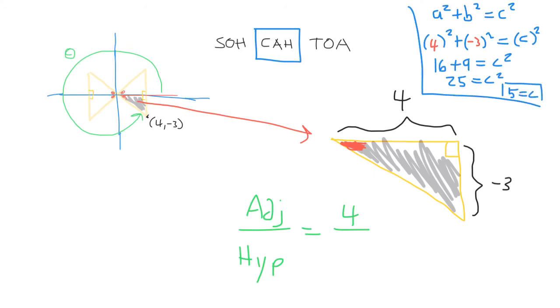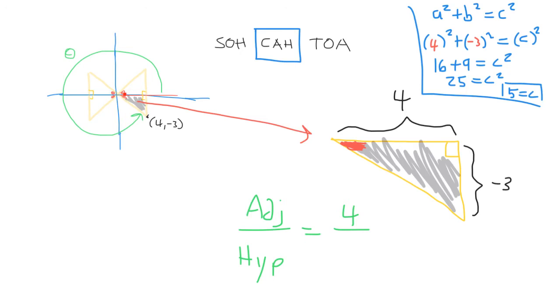Okay. Now, you could take the square root of both sides and say, oh, it should be plus minus 5. But it's important that you realize that the hypotenuse in these trigonometry problems will always be positive. So the adjacent side might be positive or the adjacent side might be negative.